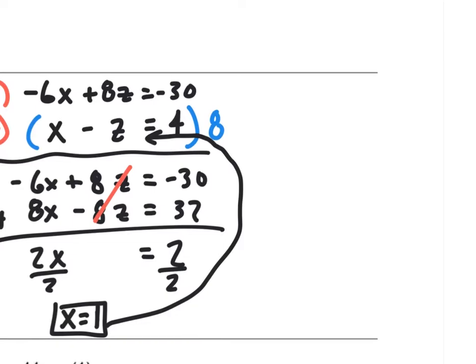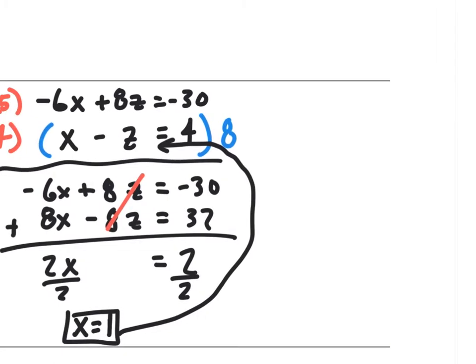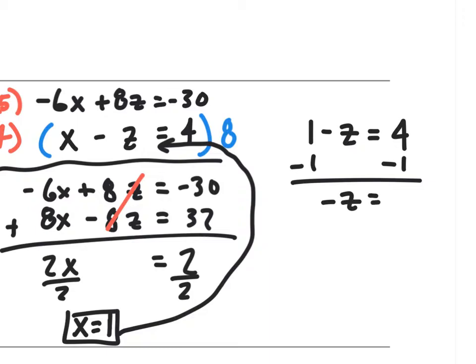As a result, I'm going to get 1 minus z is equal to 4. Plug 1 back in for x, solve for z, and I'm going to subtract 1 from both sides, and I get negative z is equal to negative 3. I'm sorry, positive 3. Divide by negative 1, divide by negative 1, and so we get that z is equal to negative 3.